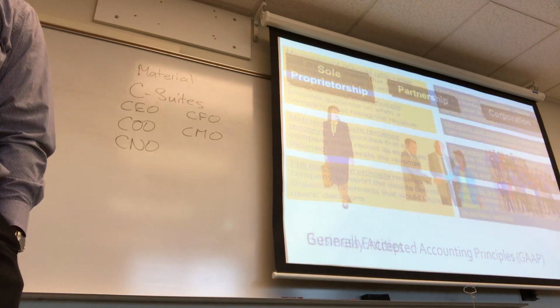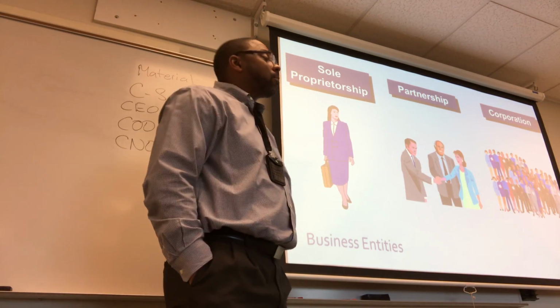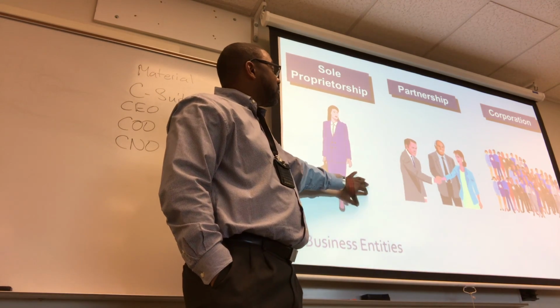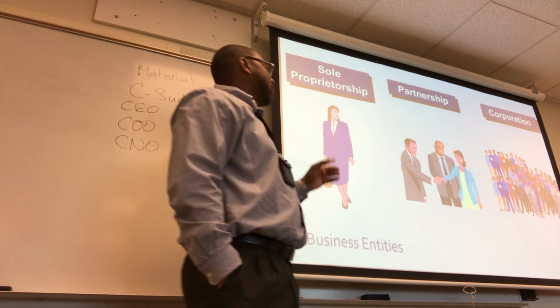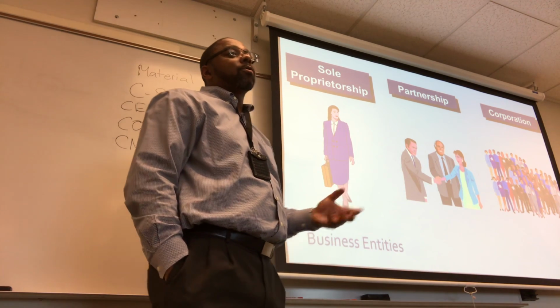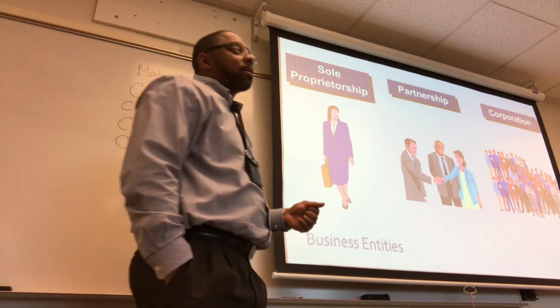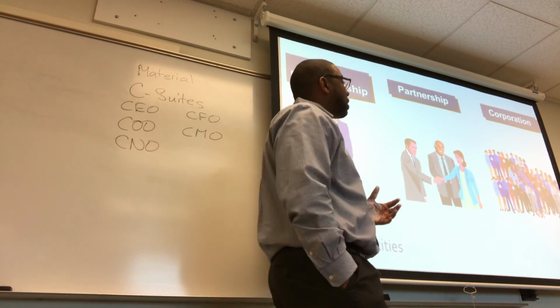Everybody with me? Okay. All right, going on. These are just three types of business entities that are out there. Sole proprietorships are the most common business entity, and they're the most prevalent, right? It's just basically one person. There's no real state filing requirement to create a legal entity.